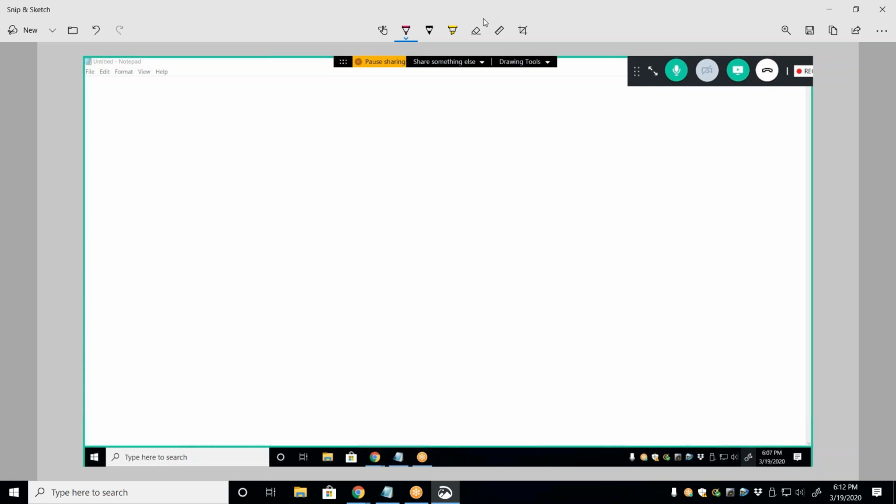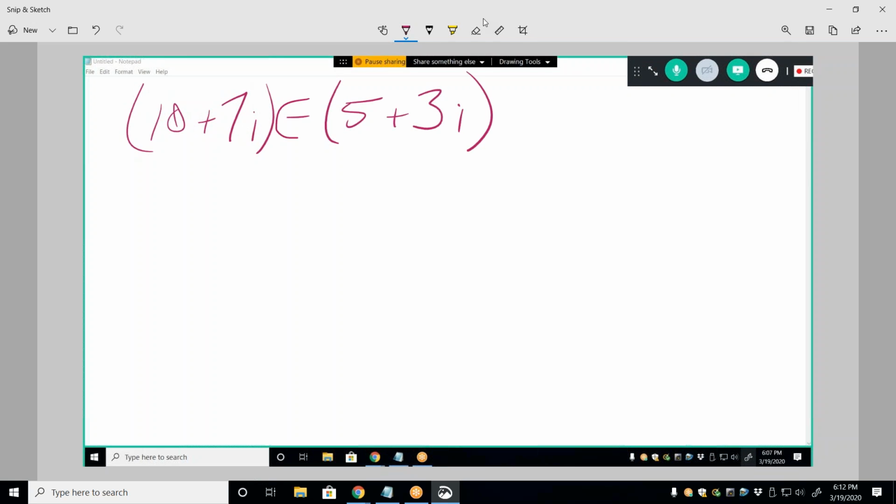All right, so the next question is (10 + 7i) - (5 + 3i). Sorry, I think I missed one. The thing to be careful of here is that in subtraction, both terms have to be subtracted. So what is the answer?